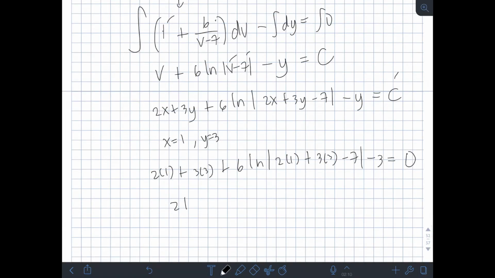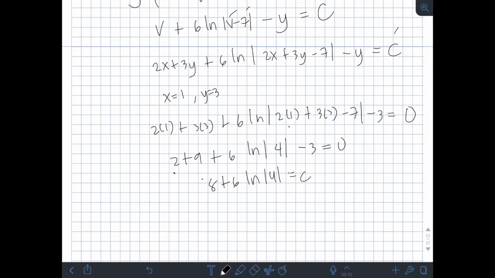So, we have 2 + 9 + 6 ln of (2 + 9 - 7) is 4, - 3 equals c. So, 2 + 9 - 3 is 8. So, 8 + 6 ln 4 siya si c.